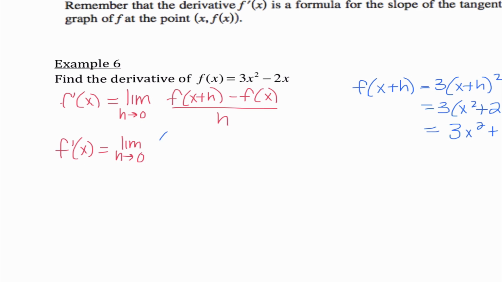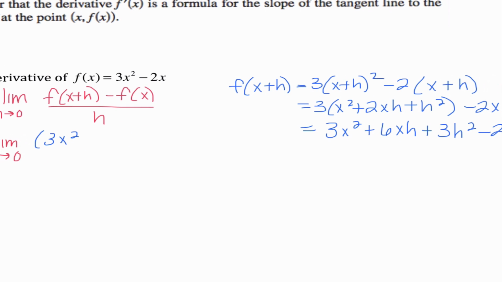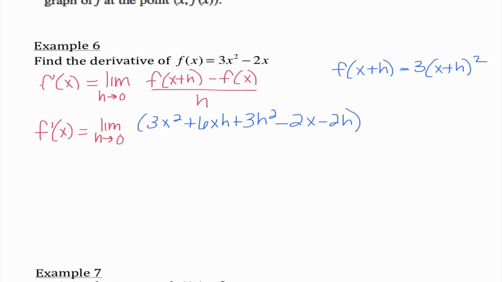Okay, so we had 3x squared plus 6xh plus 3h squared minus 2x minus 2h. And then I need to subtract f of x. And we know in this case f of x is 3x squared minus 2x.